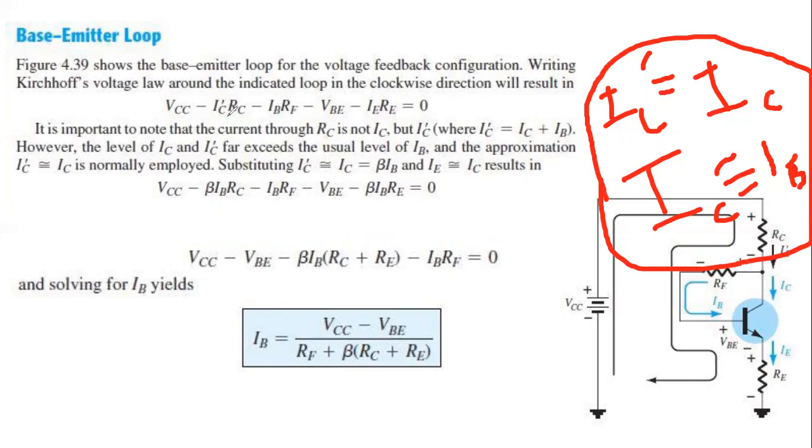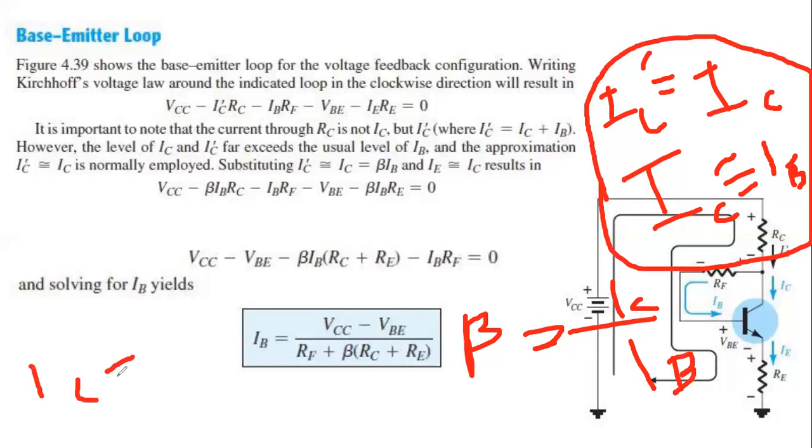You see that now here, the IC prime will be replaced as IC, and IE will also be replaced by IC. But we need IB, and we all know that beta equals to IC by IB. So if we represent IC using IB, it will be IC equals to beta IB.